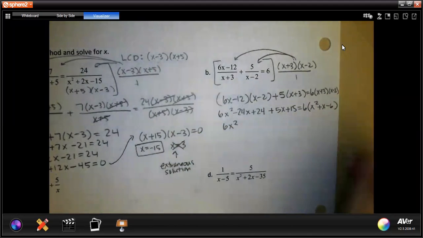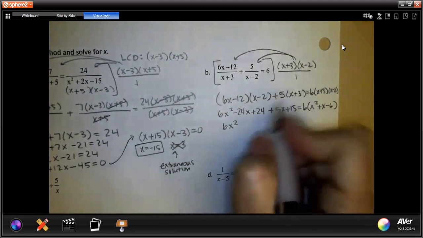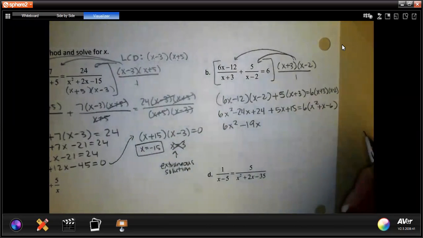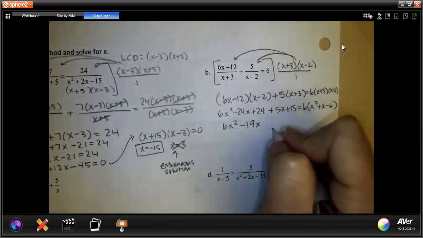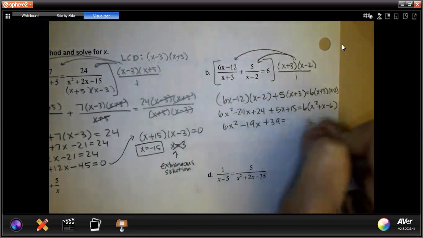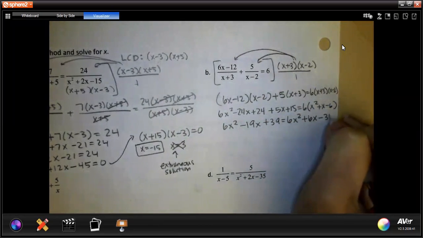So I've got 1 x squared term, 6x squared. I've got a negative 24x and a 5x, so that's going to give me a negative 19x. And I've got a 24 and a 15. That's going to give me 39. And then I distribute here, and I get 6x squared plus 6x minus 36.